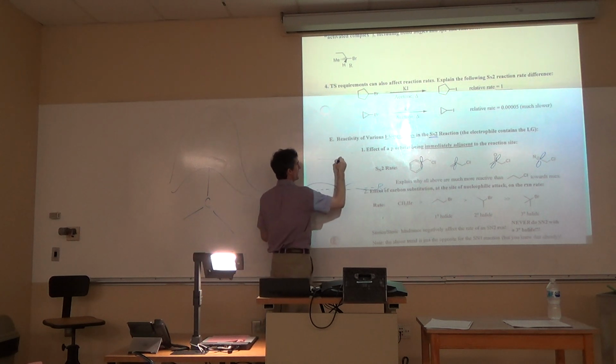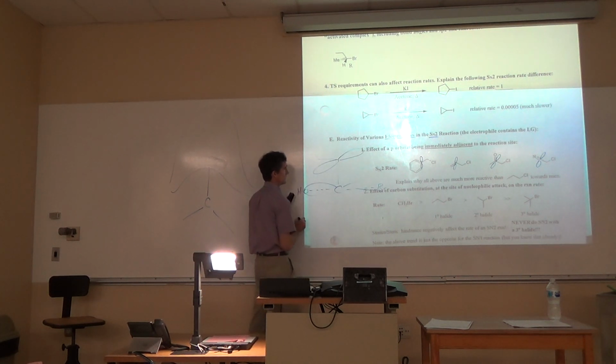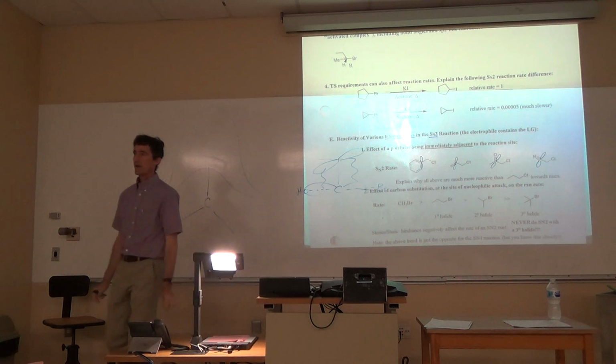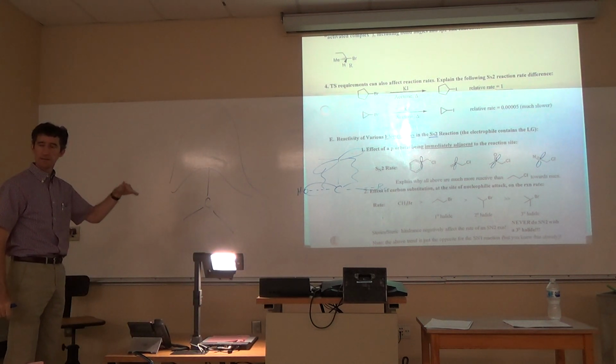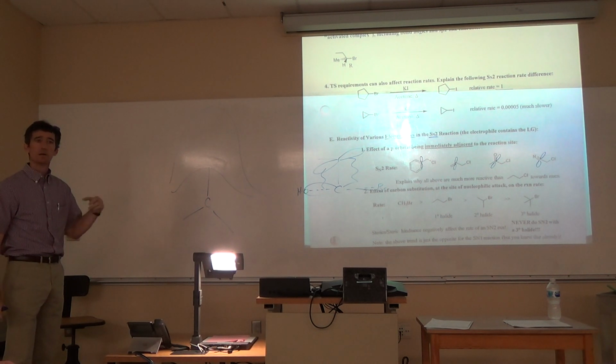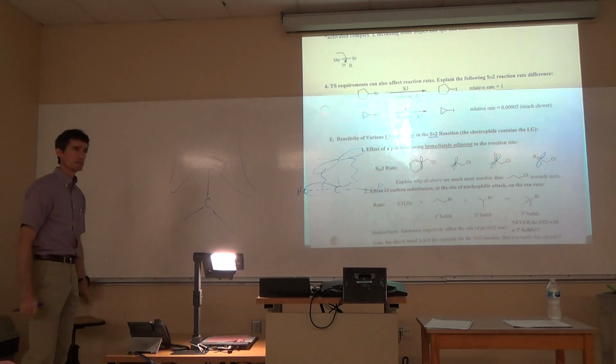Okay. What if there was a p orbital here? This could interact here. And that p orbital interacting leads to stability. Stabilizing the transition state.